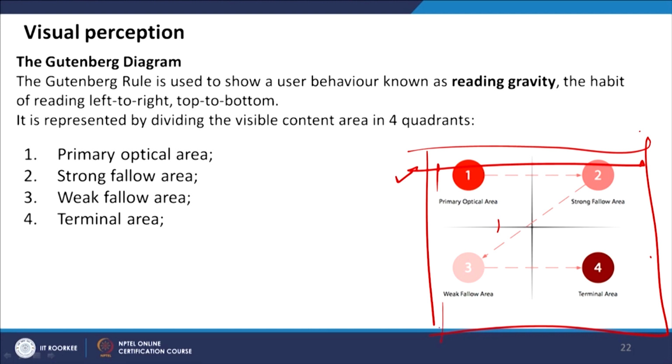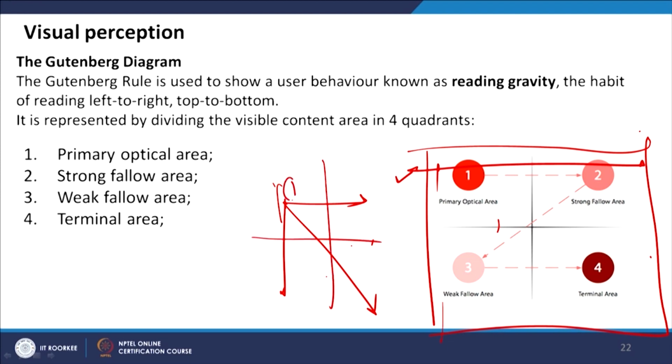So there are two vectors: one vector is left to right, another is top to bottom. The resultant vector will go from this quadrant to this quadrant to this quadrant. If we divide the page into quadrants 1, 2, 3 and 4, which is not the traditional way, the resultant visual vector runs from the first quadrant to the fourth quadrant.